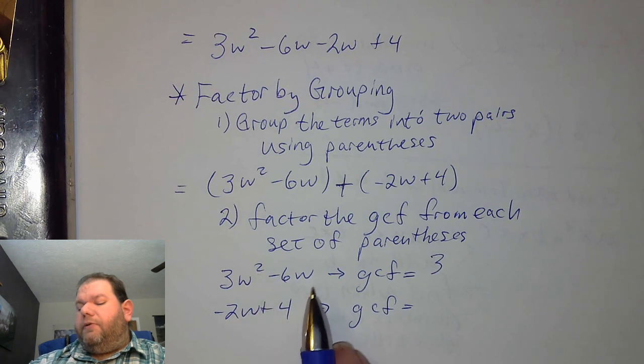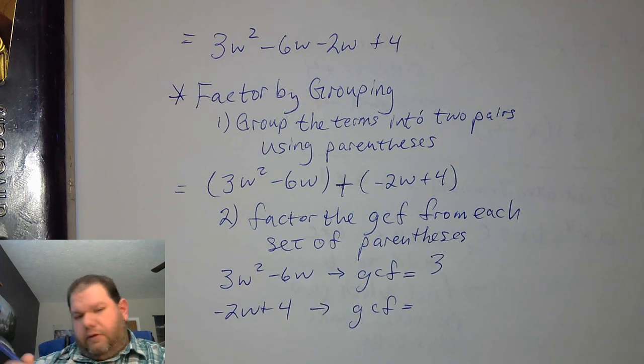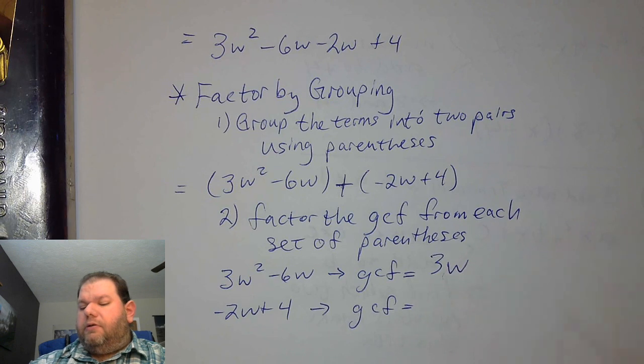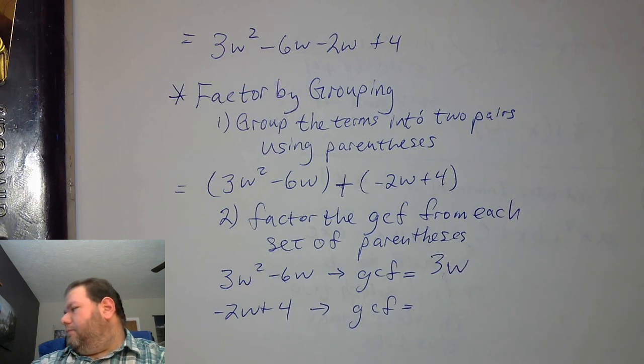W squared and w to the first, they have a w in common. So it should be 3w to the first.